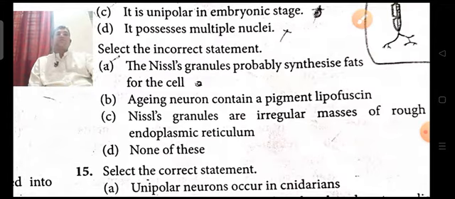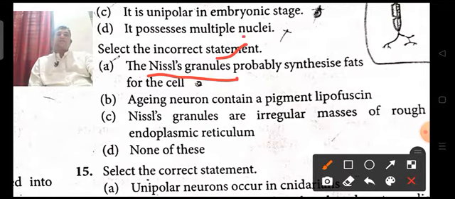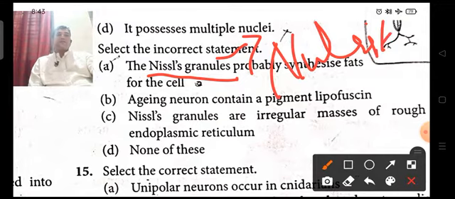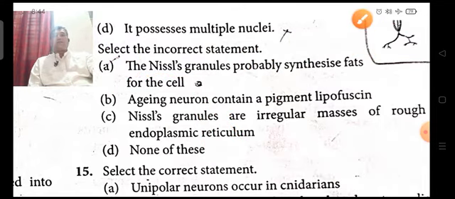The function of Nissl granules is nutrition, and it is not synthesizing fats. Myelin sheath is synthesized by Schwann cells. So Nissl granule function is nutrition. So here option A is the right option, and the incorrect statement is statement A.